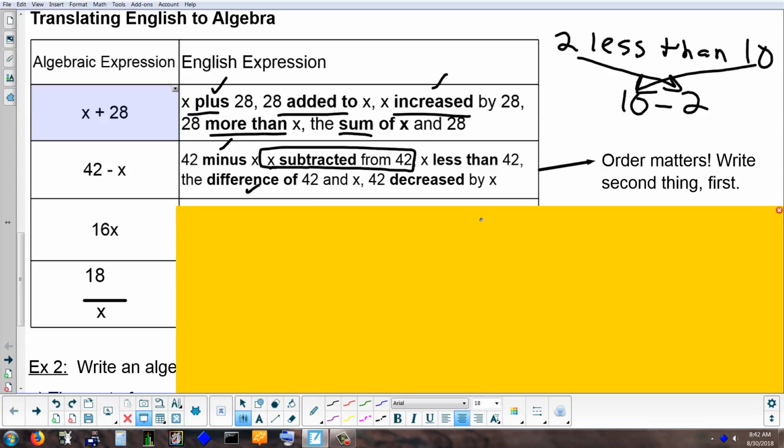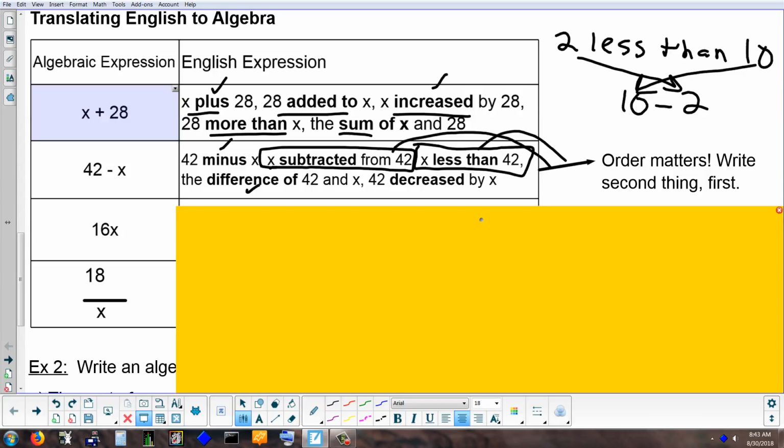So guys, for these types of situations like subtracted from or less than, the order matters. We talked about how we could say x plus 28, and it wouldn't matter, you get the same answer. With addition, when we give you a phrase, you could do it either way and get the answer. You could do 28 plus x or x plus 28. Here, the order matters, depending on what type of phrase you're given.